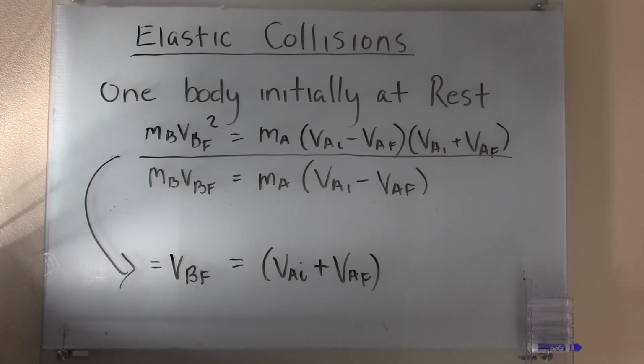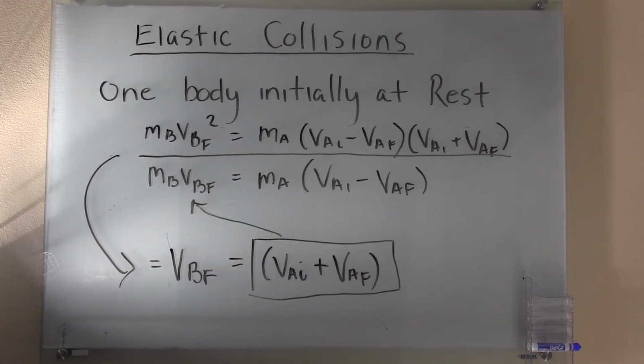I have taken the conservation of kinetic energy equation divided by the conservation of momentum equation, and I get the velocity of B final equals the velocity of A initial plus the velocity of A final.